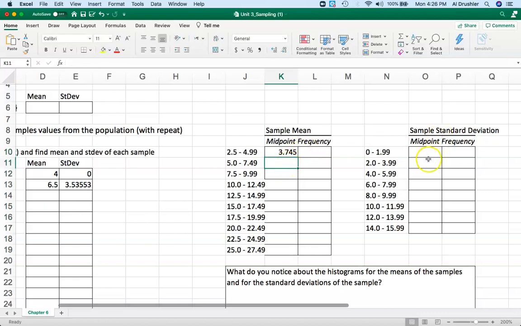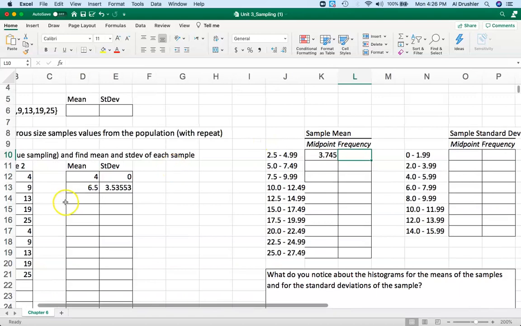You have to do that, and you would do the same thing over here. Frequency: how many of the means are between 2.5 and 4.99? Of the first two that I did, this one would be counted in that first class. This one would not be counted in the first class. This would be counted in the second class because it's between 5 and 7.49.